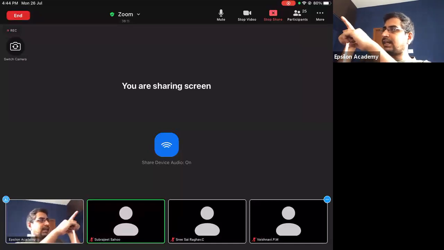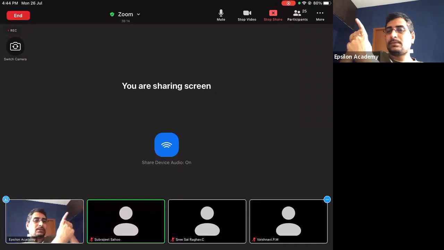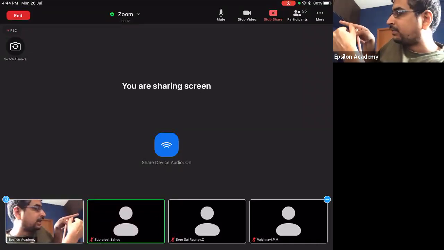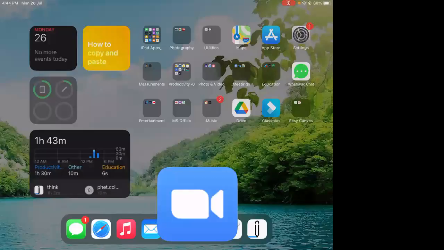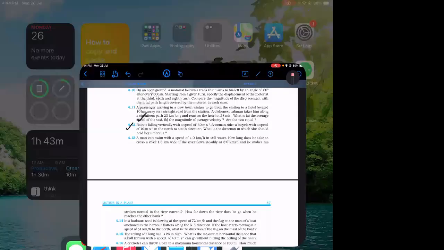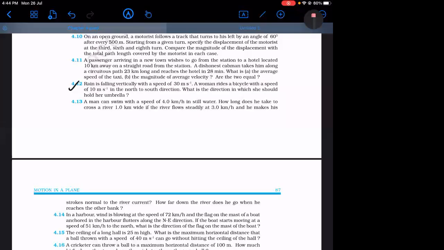So if I take this resultant, and if I take this angle as alpha, which I will draw on the paper, if I take this as north south, then if I take this angle as alpha, velocity of rain is 30, velocity of girl is 10, then what will be tan alpha equal to?